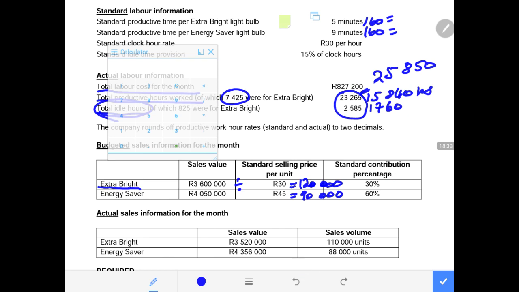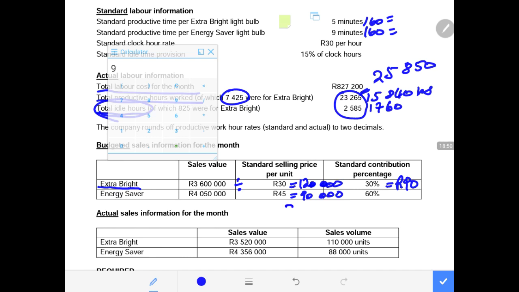So now that means when we say sales minus variable cost, we get to the contribution, and the contribution is 30% of sales. Therefore, if we say 30 rand, multiply that by 0.3, it will give us 9 rand, meaning our contribution is 9 rand.